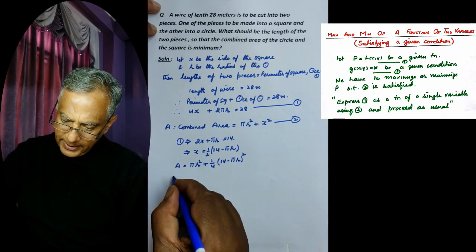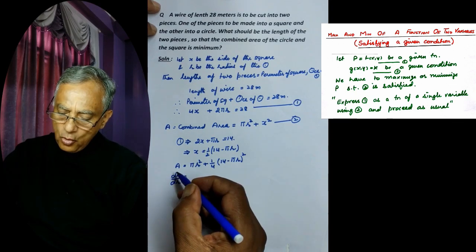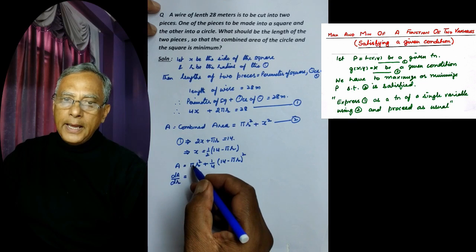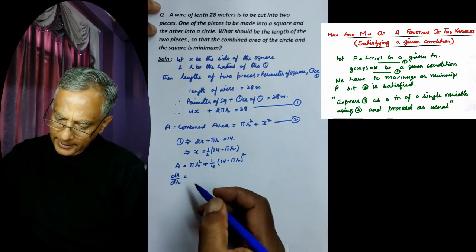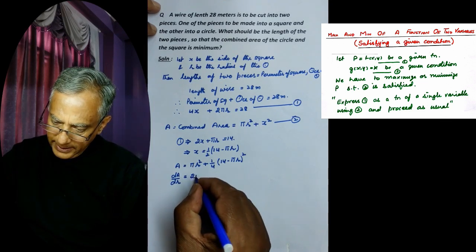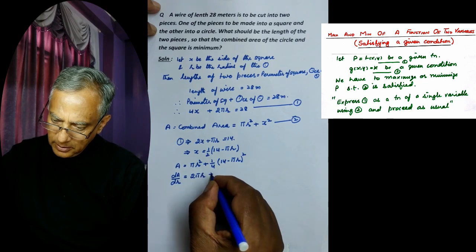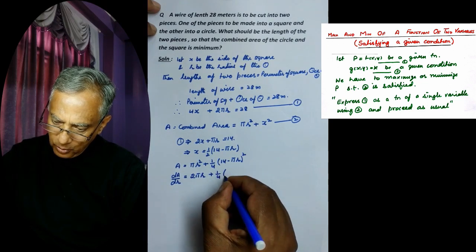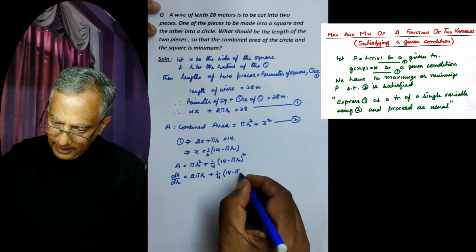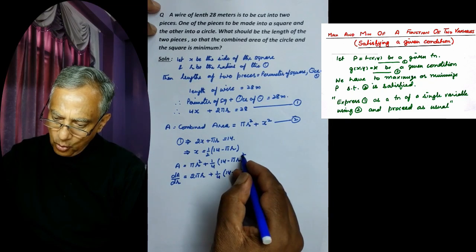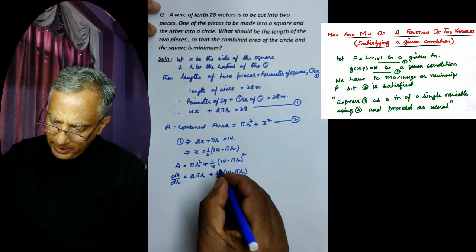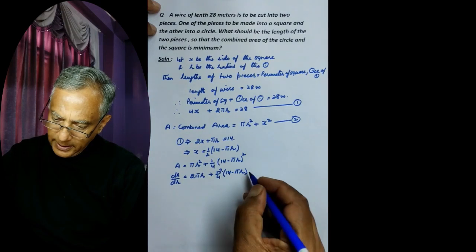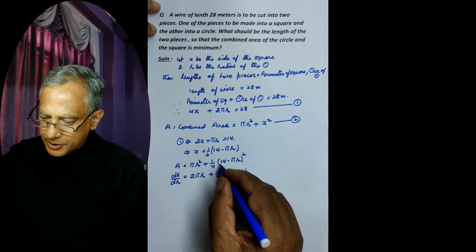Now we find dA by dr. We have to minimize this area. So we find dA by dr. This will be 2 pi r plus 1 by 4 into 14 minus pi r whole square differentiated, which is 2 into 14 minus pi r into differentiation of inner function.